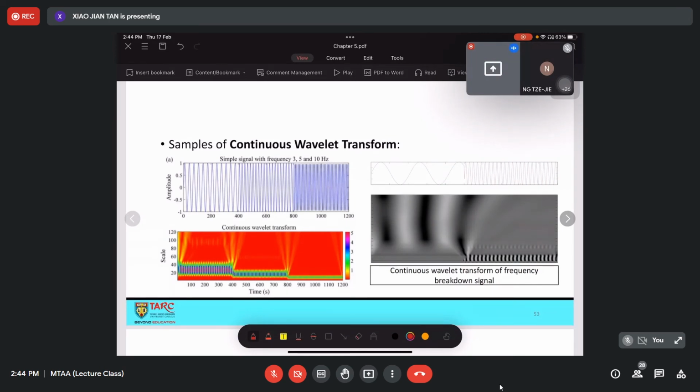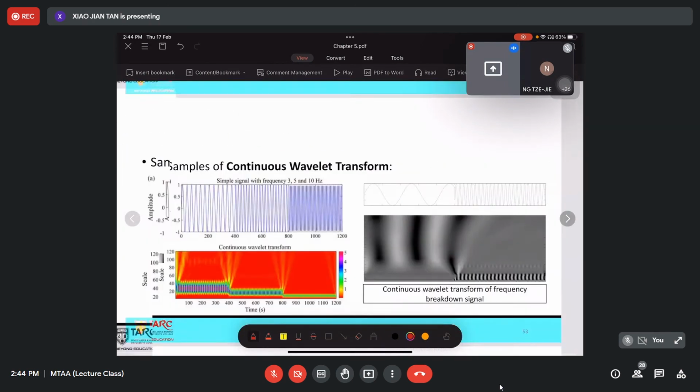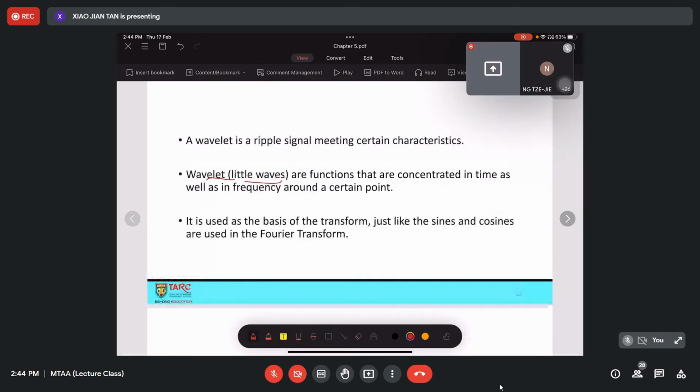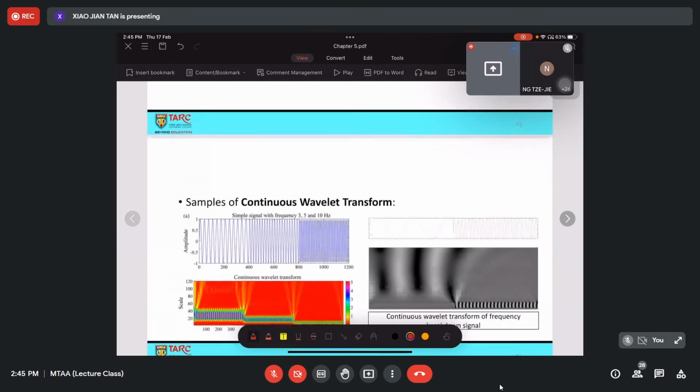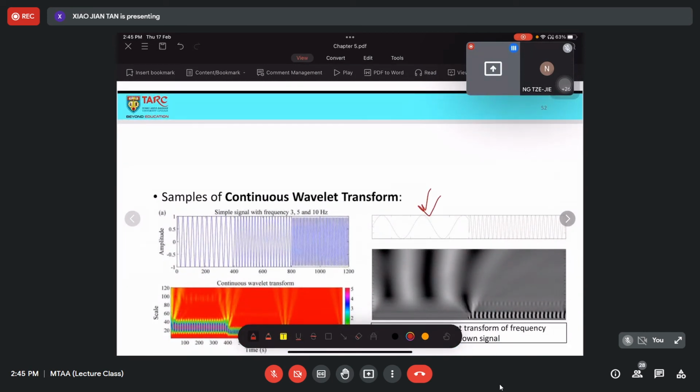So this is the illustration of the continuous wavelet transform, whereby you will have something like this. You are actually seeing a change of a little wave. Which means you have a sine wave, and then later on you have a sudden change in the frequency.